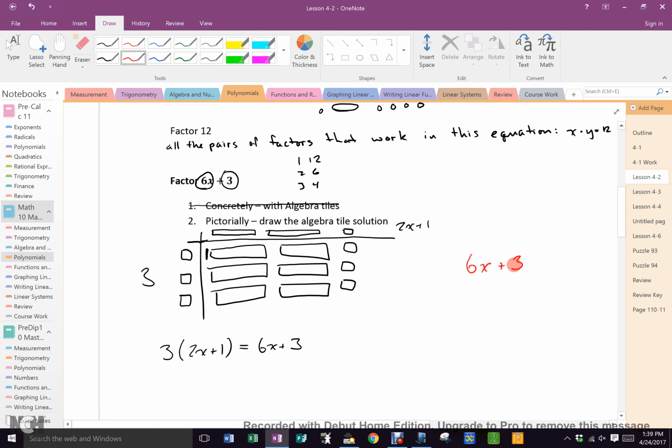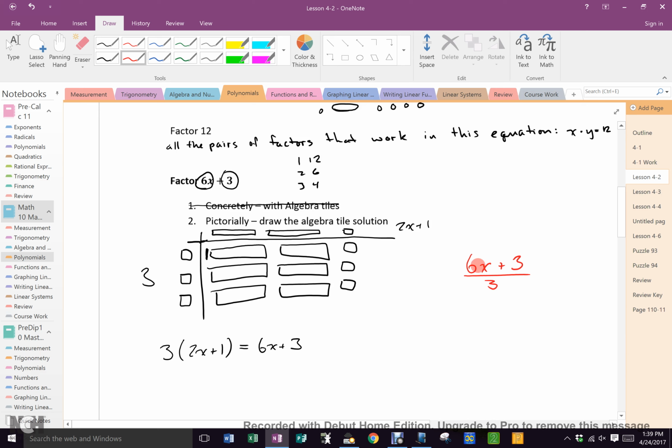I know that's a product. My math teacher wants the factors. How do we find factors? What math do we use to find the factors? Divide. So I need something that will divide into both of these. What is it? We know it's 3. So I divide these both by 3.